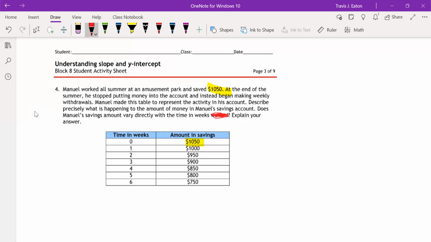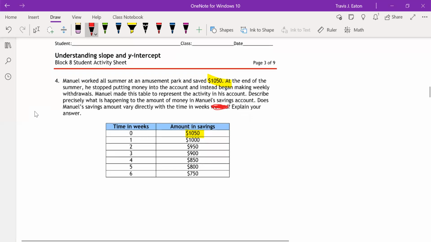Okay, making weekly withdrawals. So this is what they want us to do. They want us to describe precisely what is happening to the amount of money in Manuel's savings account. And is it a direct variation with the time in weeks?